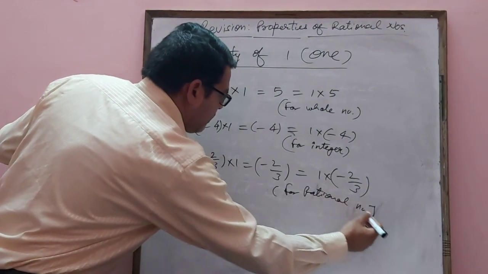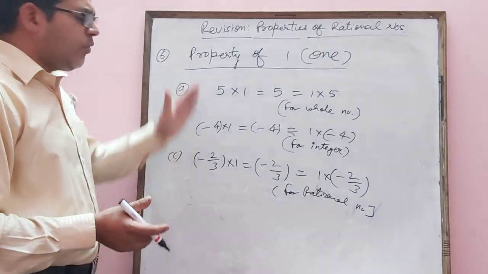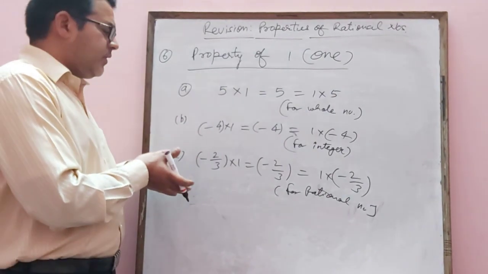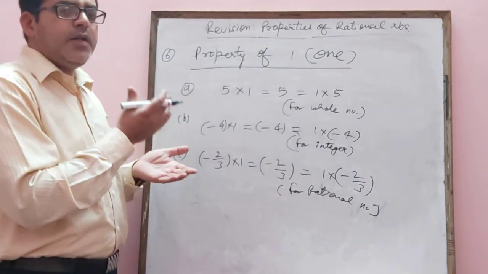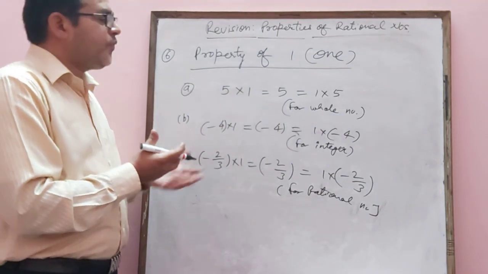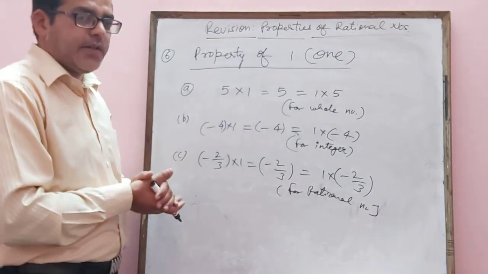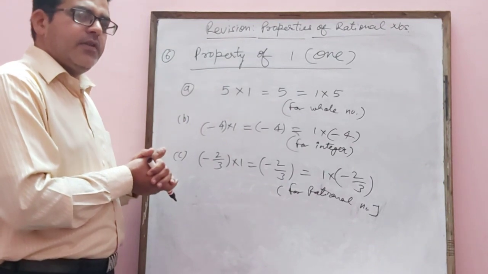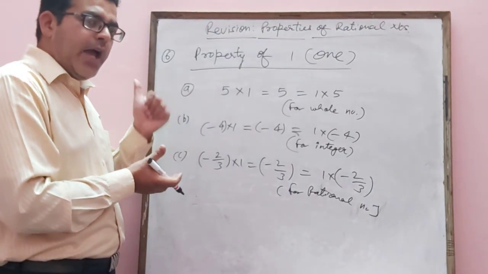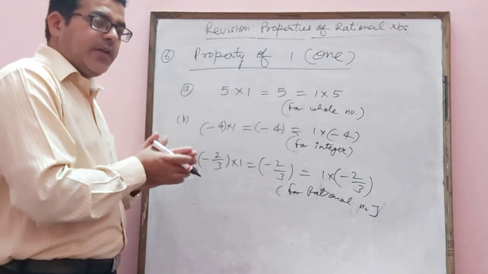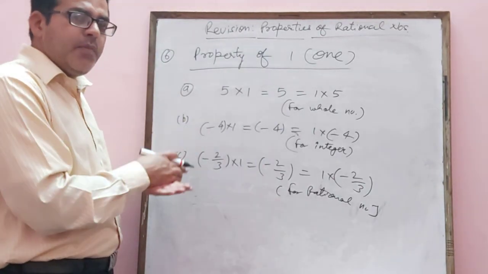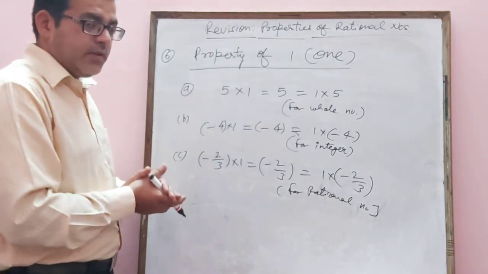Now you can see one similarity is there. What is the conclusion? The conclusion is, when we multiply any number by 1, the result is not affected. We'll get the same result. Just before, we discussed that if we add 0 to any number, the result is unaffected. Here we are multiplying any number by 1 and the result is unaffected.